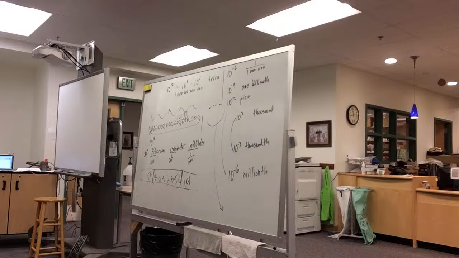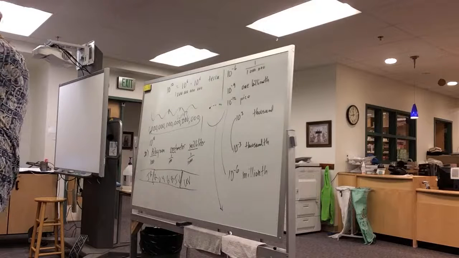So it says to show that the number is rational by writing it as a ratio of two integers. So if you write it as a fraction, you have two integers, a numerator and a denominator. A fraction is a ratio, yeah.